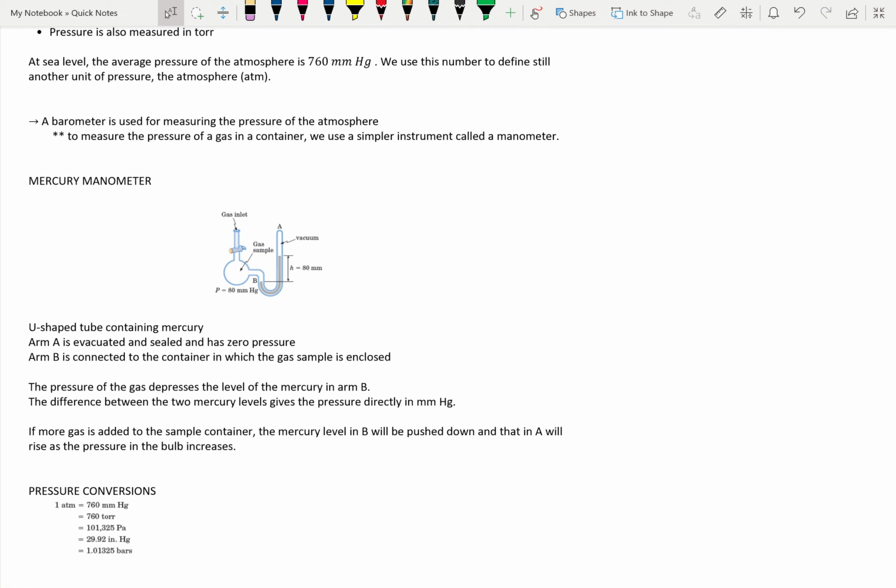So the more gas we add into B, the more of that mercury is going to go up to A, right? So the pressure would increase because we're pushing these molecules closer, because our space is limited. So the more we add, the tighter it's getting in there.